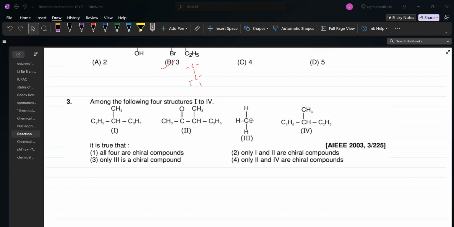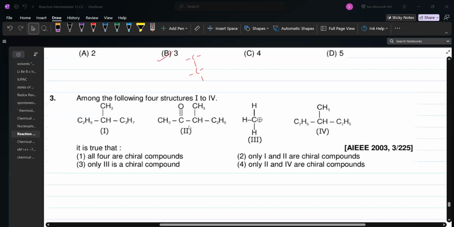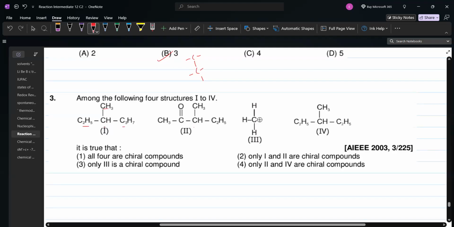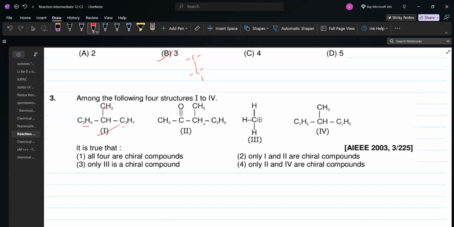So let's see. In these four structures, let's see the first one. The first one has one hydrogen, and all three groups are different, so obviously this is chiral. Sorry, in this one, let's check.